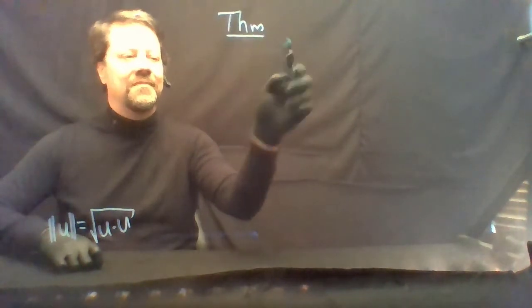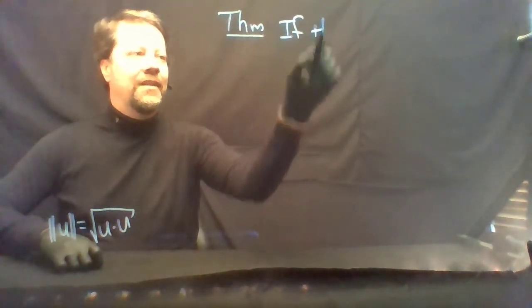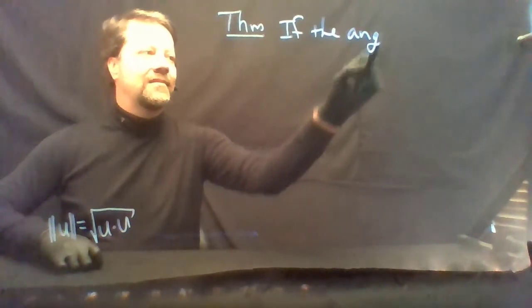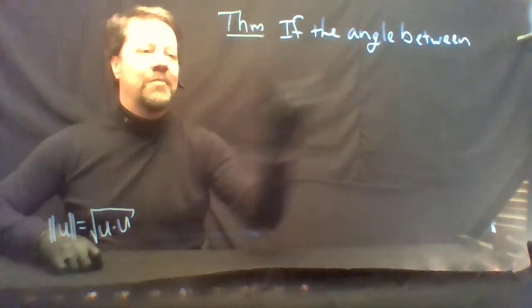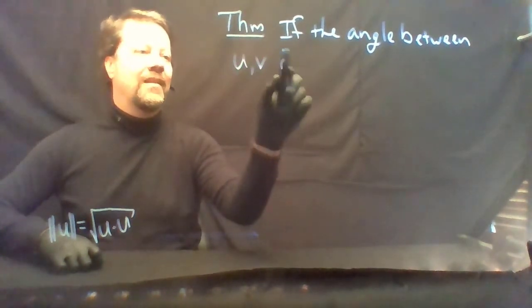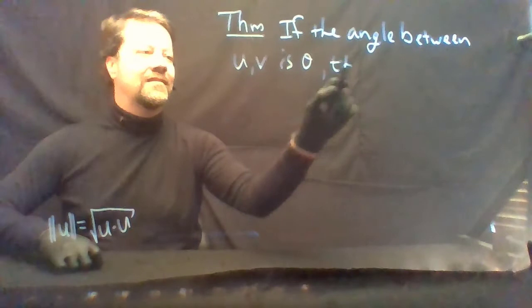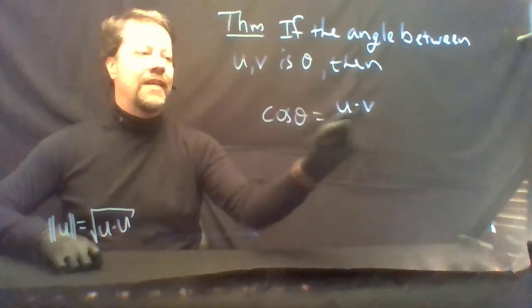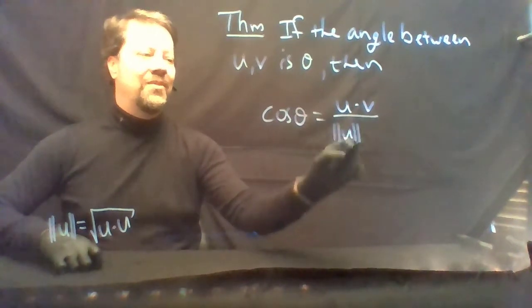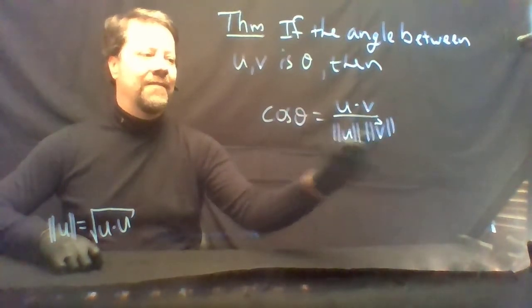What else do you need to do geometry but a notion of length and a notion of angle? We have the following theorem. If the angle between u and v is theta, then the cosine of that angle is u dot v over norm u, norm v.